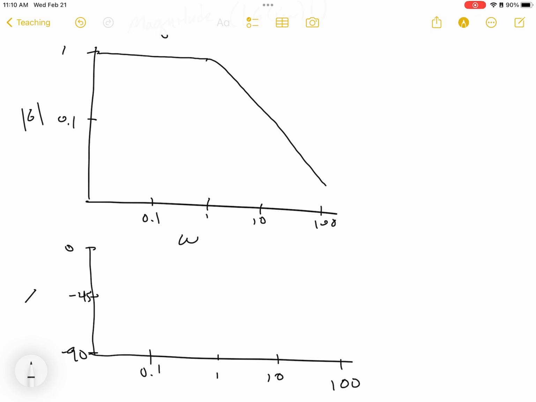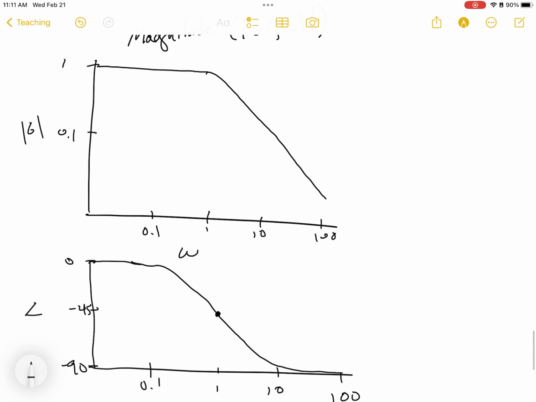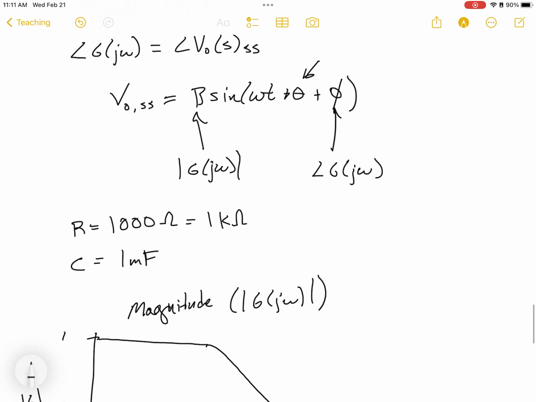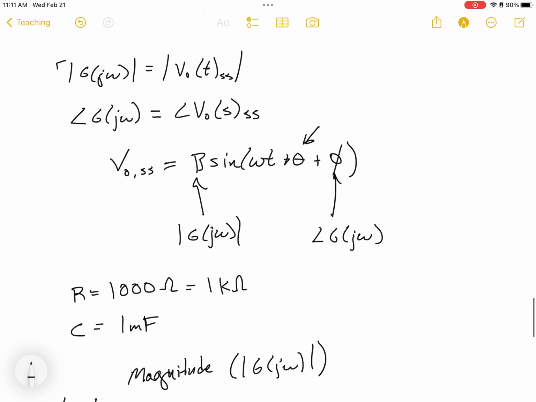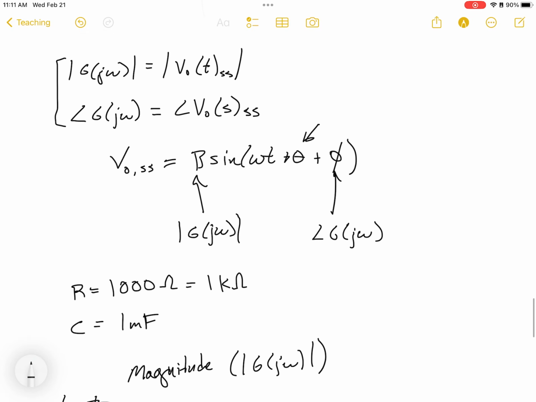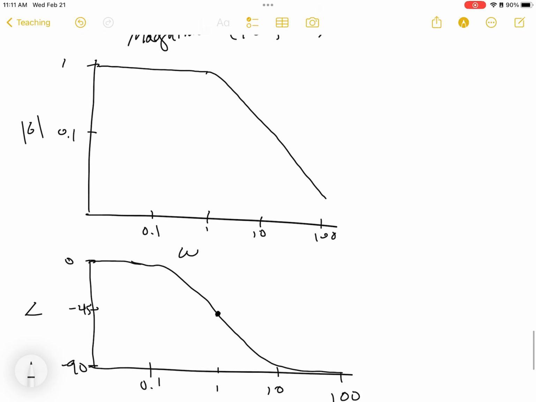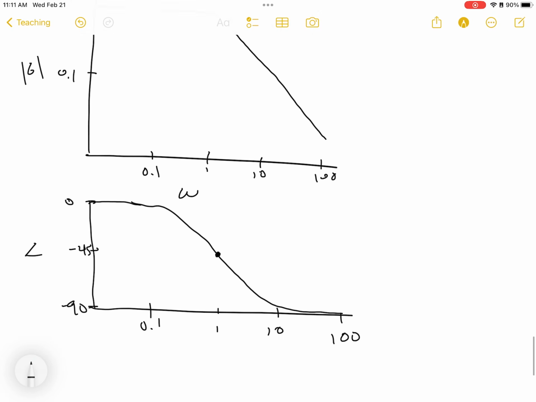So this is the phase. It's going to start up at 0, and then swoop down to negative 90, and it's going to hit negative 45 right at 1. And with these plots and with these functions, magnitude and phase of G of J omega, we can predict at any given frequency what the magnitude and phase offset of the steady state response is going to be. And we'll go ahead and end the video right there.